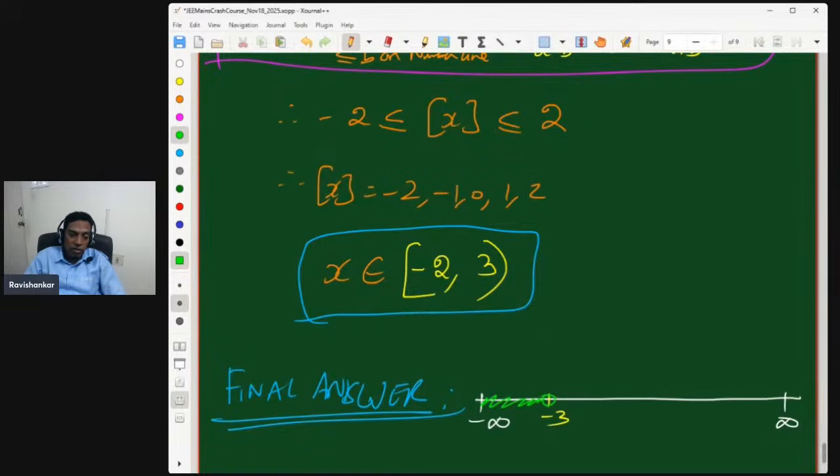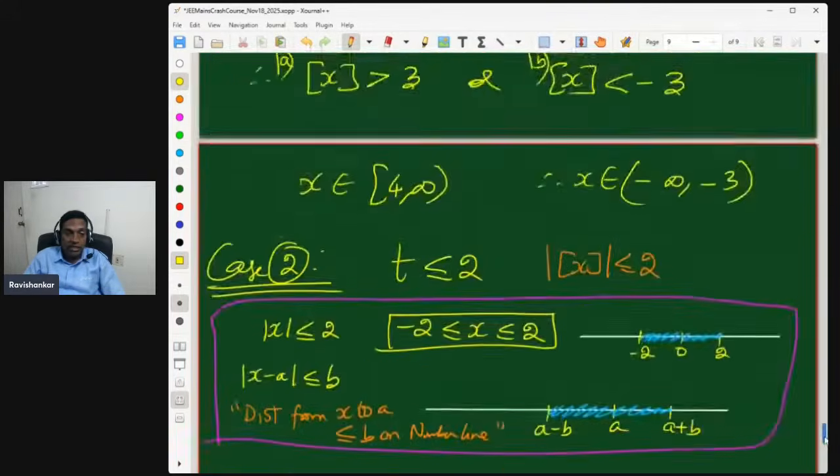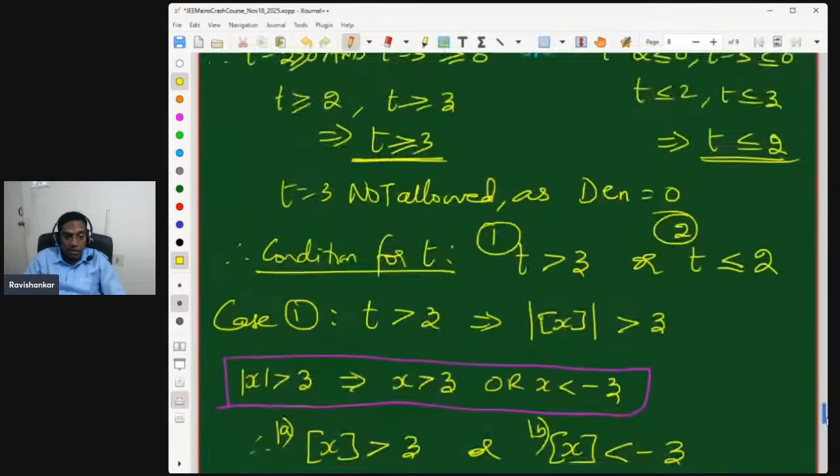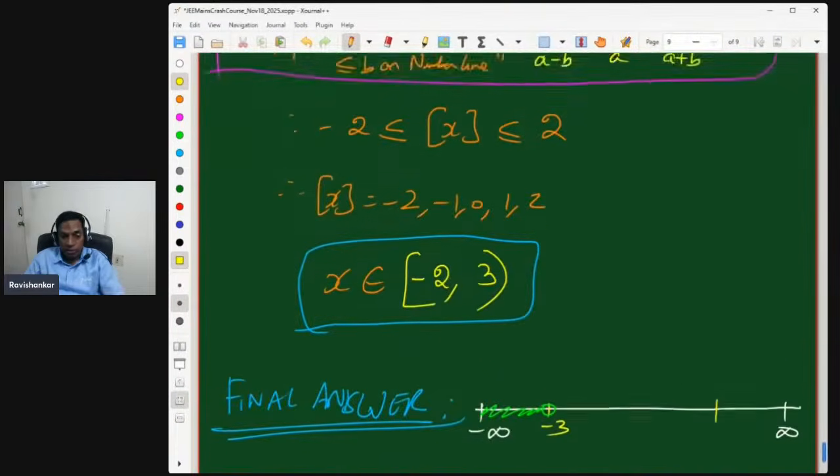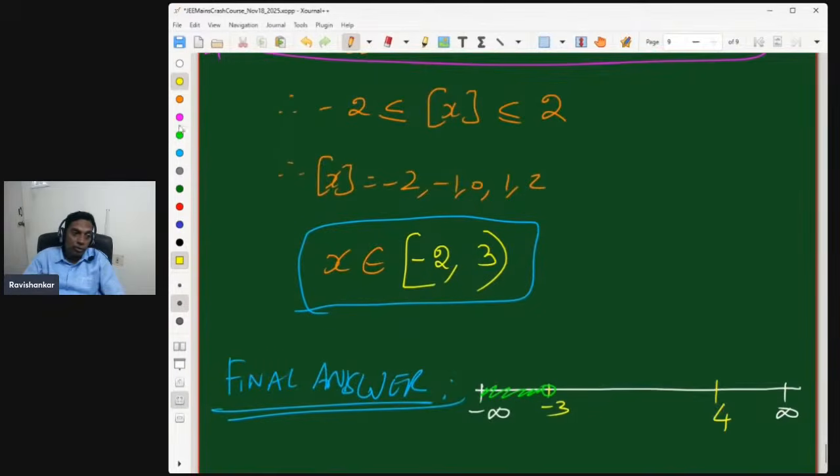This is not counted, so I'm putting a circle. Then 4 comma infinity is there. 4 is included, we saw that, so I'll put a thick dot there.